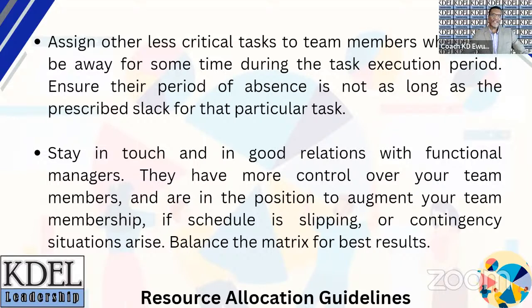A balanced matrix in project management, as some of you know, is where the project manager and the functional manager share power equally. When you share power with someone equally, it stands to reason that you must negotiate and be in good relations with that person for both of you to take that project to a successful conclusion.